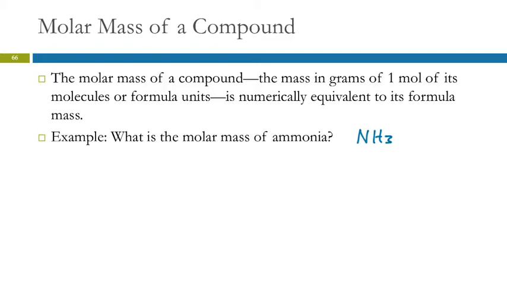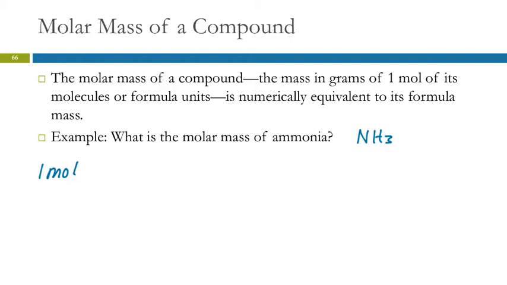Okay, so we're going to calculate this in exactly the same way as we calculate a formula mass. We have 1 nitrogen. There's 1 nitrogen, but now we're talking about moles, right? So let's be really, really detailed with the units here.